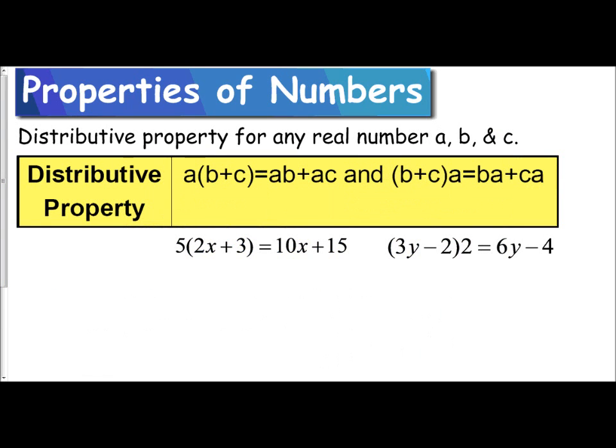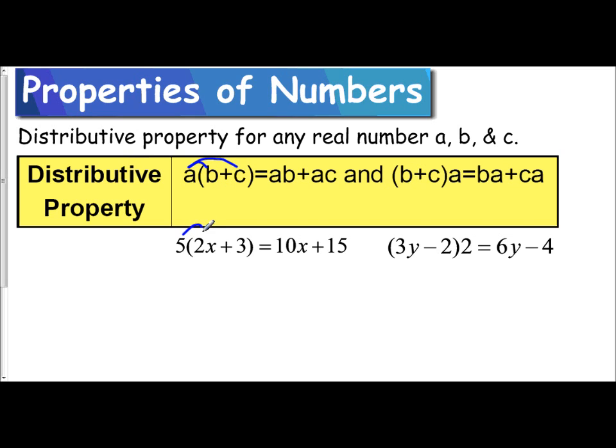The last property we'll be examining is the distributive property. It's important to note here as well, you do not have a distributive property of multiplication or distributive property of addition like we had in the other ones. The reason why is because the distributive property actually takes the idea of merging the two together. You can multiply into parentheses and then perform the addition or subtraction operation inside of there.